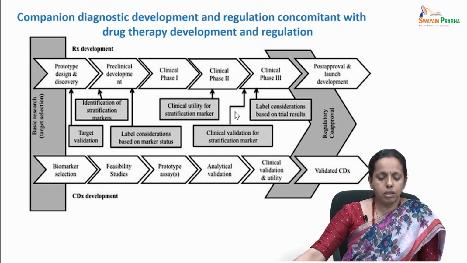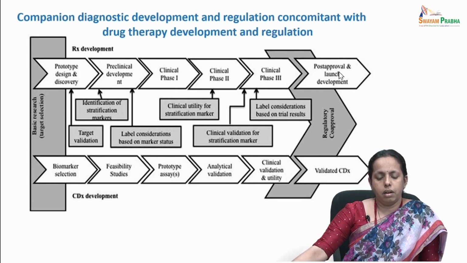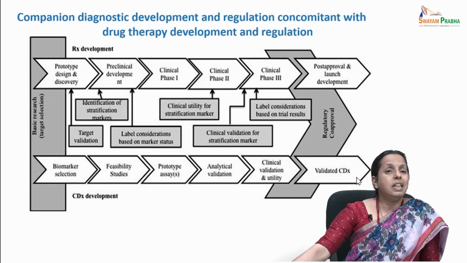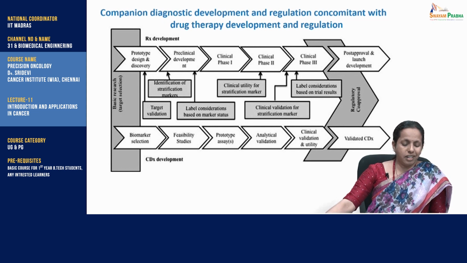Based on the trial results, it will be considered for further approval and development as a drug, for which you have your companion diagnostic marker. This is a very important pipeline for development of your diagnostic biomarker as well as your treatment drug.